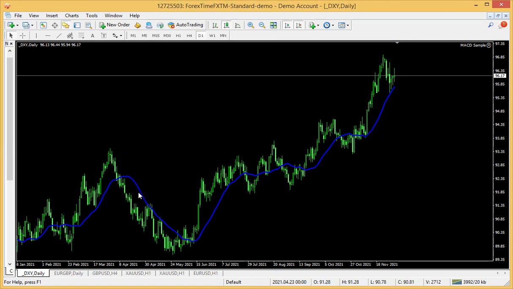This blue line is called moving average. And this moving average helps us to view where the market is currently and where the market has been all this while.